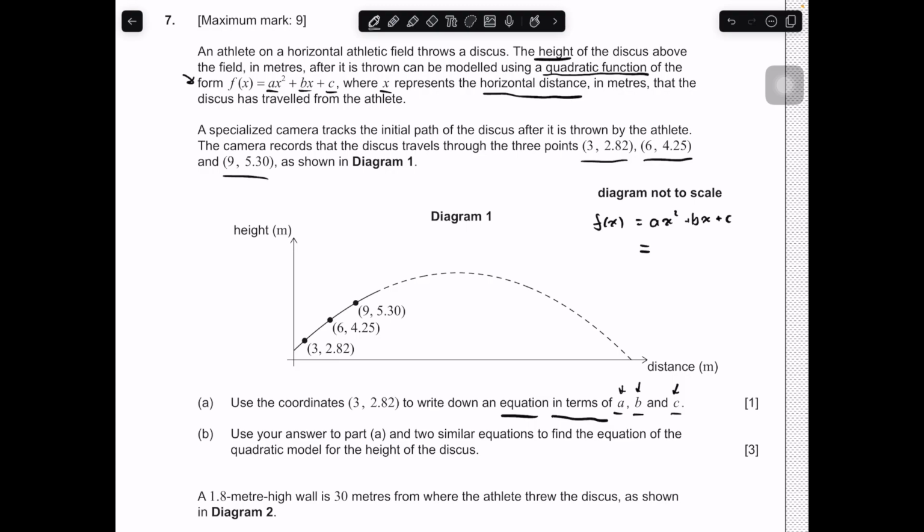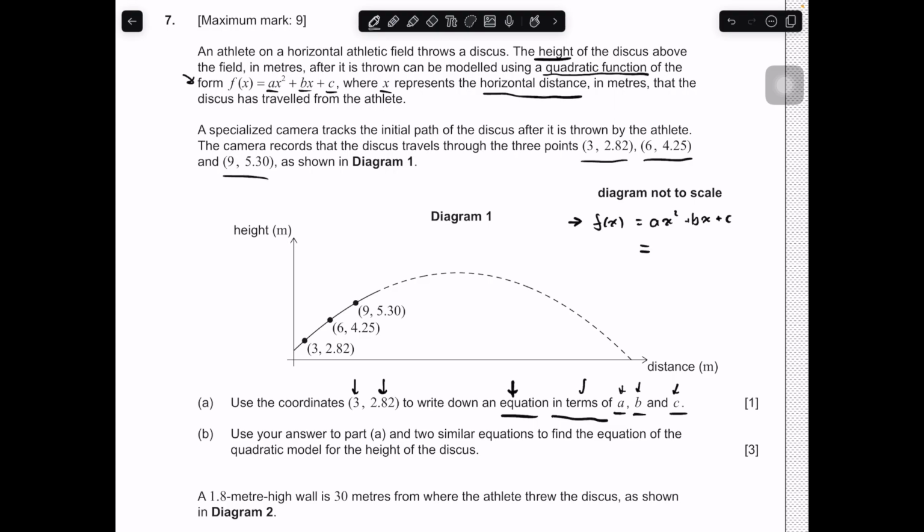So we can almost call this h. f of x is our output, but the output itself is height. And we have these coordinate points. So we know after the discus has traveled a horizontal distance of 3, it's 2.82 meters in the air. When it's traveled a distance of 6, it's 4.25 meters in the air, and so on. So let's input these values into this function that they give us, and then we will have an equation in terms of a, b, and c.